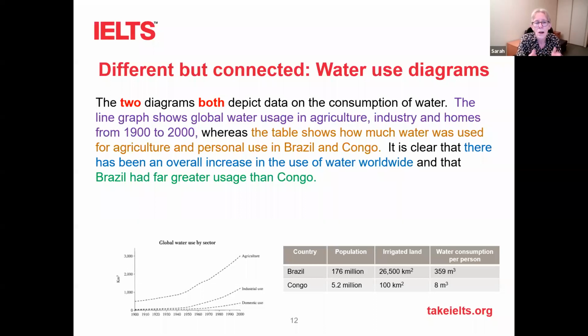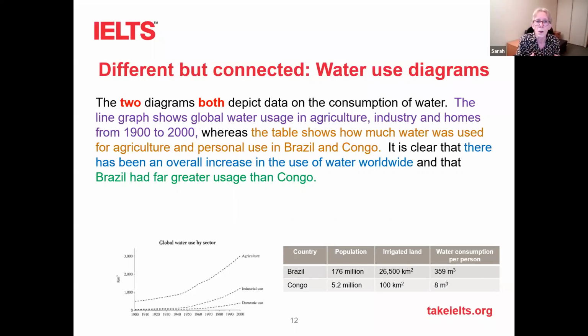Okay, so we've only got 1 year, but this increase in the use of water worldwide is the overview for the line graph, which means that, what is the green? What does green tell us? Yes, in this case, Martine, green is the overview of the table information that Brazil, looking at that, Brazil has greater usage than Congo. Okay, good.